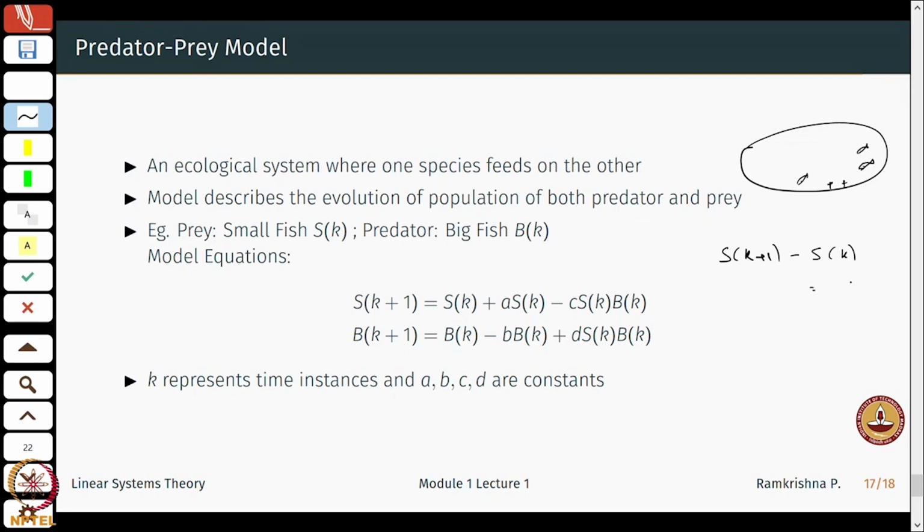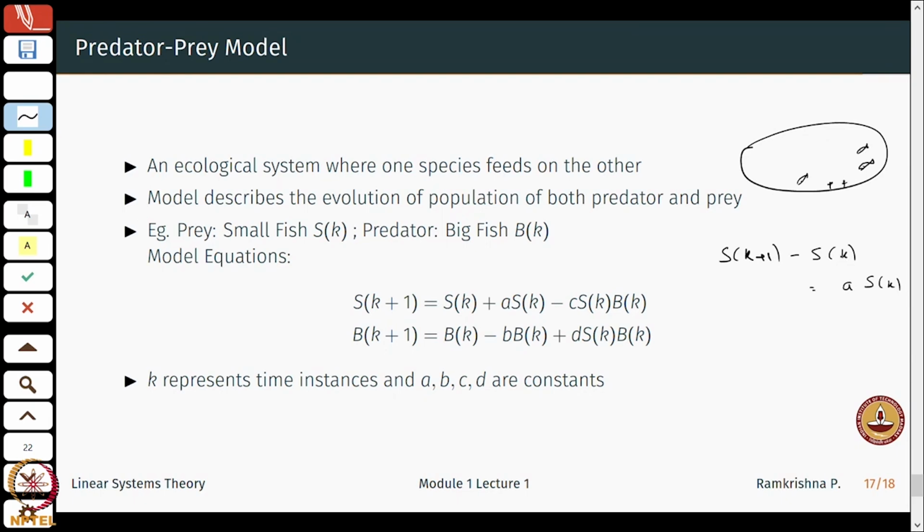So, this will be in some proportion to the number of fish at the kth instant. The multiplying of the population will depend on the initial condition which I start at. At t equal to 0 if I have 1000, at t equal to 1 I may have 1002 and so on.